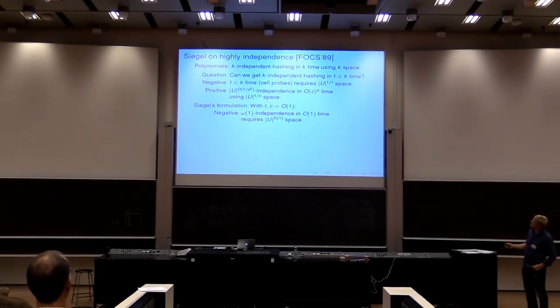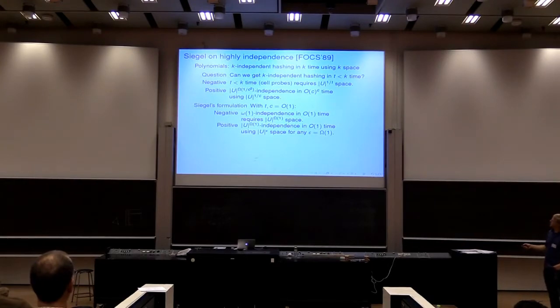So that's all the best we could hope for. Sorry, what I said made nonsense. He gets this high independence in constant time using this much space, where he can pick epsilon however he wants. So epsilon is just 1 divided by C. And then you also write that it's far too slow for any practical application.